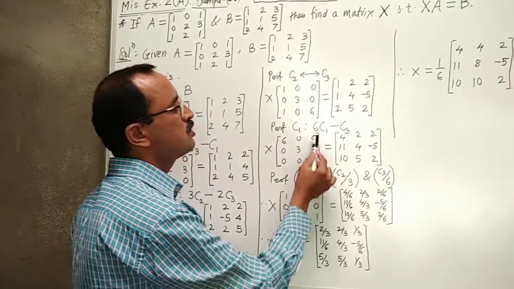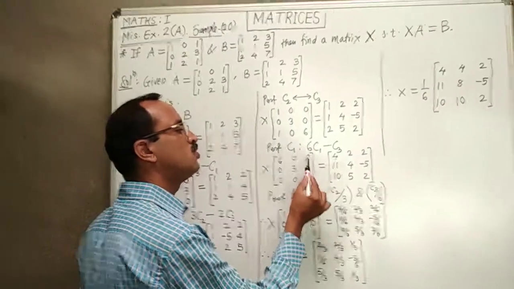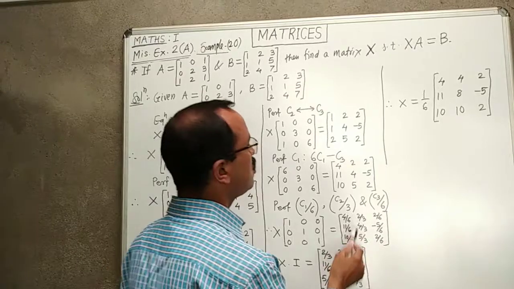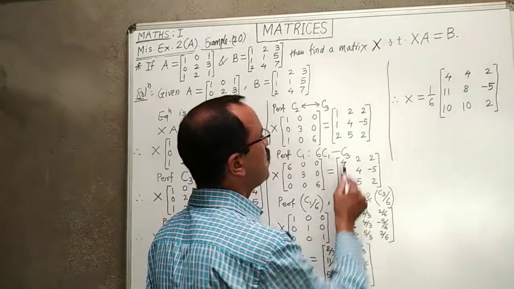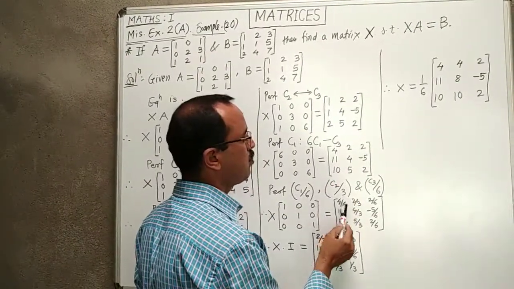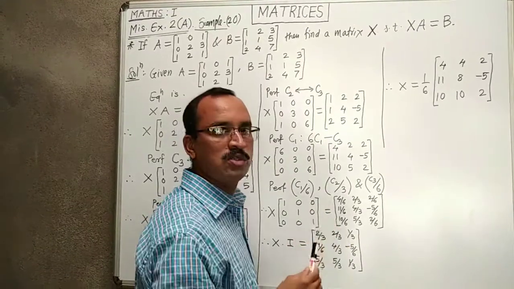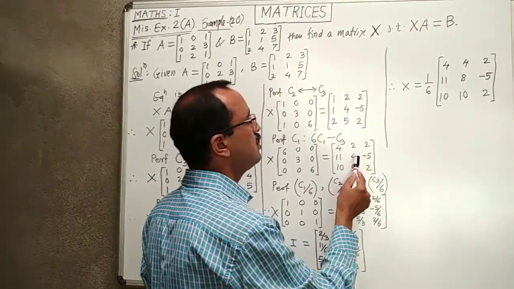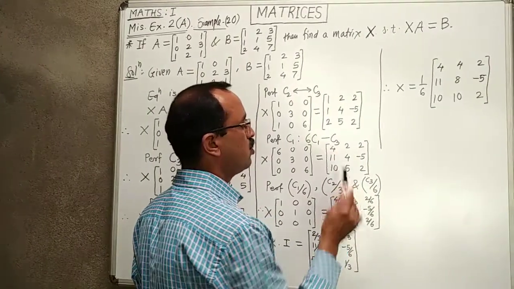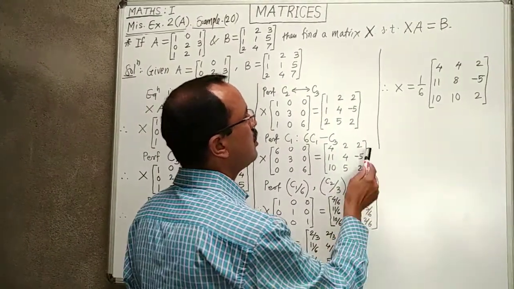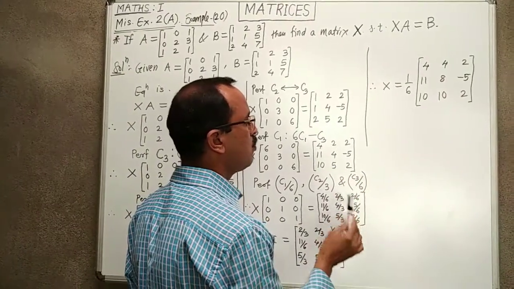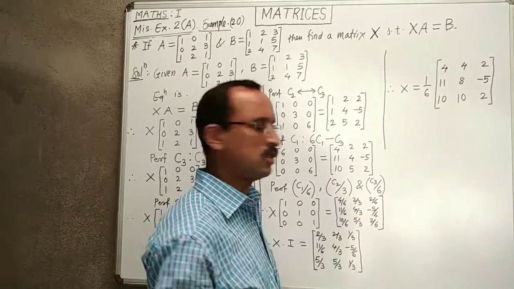C3 by 6 gives 0 upon 6, 0, 0 upon 6, 0 and 6 upon 6, 1. Similarly on the right side we divide C1 by 6, so we get 4 upon 6, 11 upon 6, 10 upon 6. C2 by 3: 2 by 3, 4 by 3, 5 by 3. And lastly C3 by 6: 2 upon 6, minus 5 upon 6 and 2 upon 6.